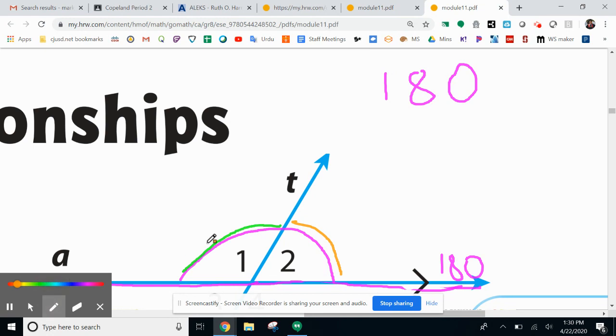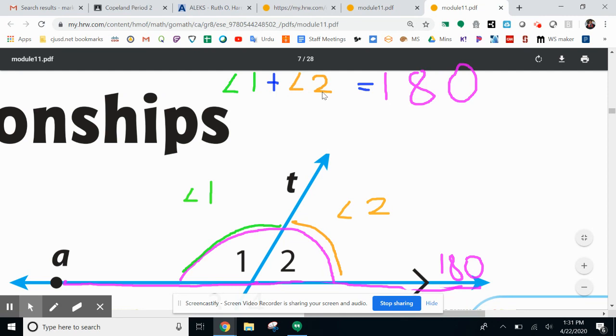So whatever the green angle measurement is for angle 1, or whatever the orange measurement for angle 2 is, they must add up together to make 180. So angle 1 plus angle 2 equals 180.